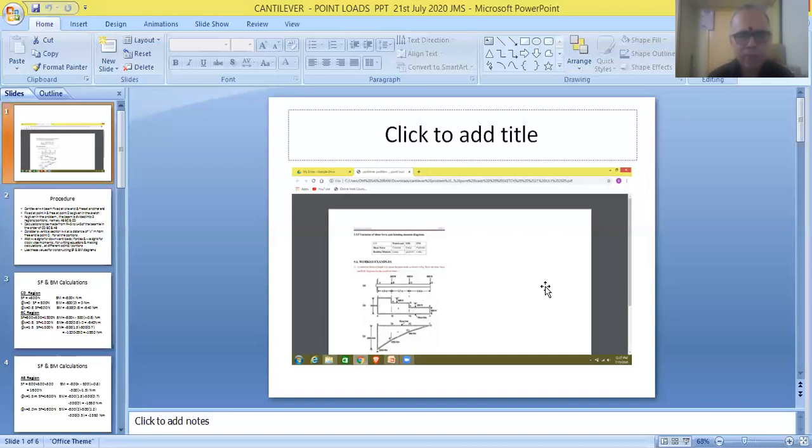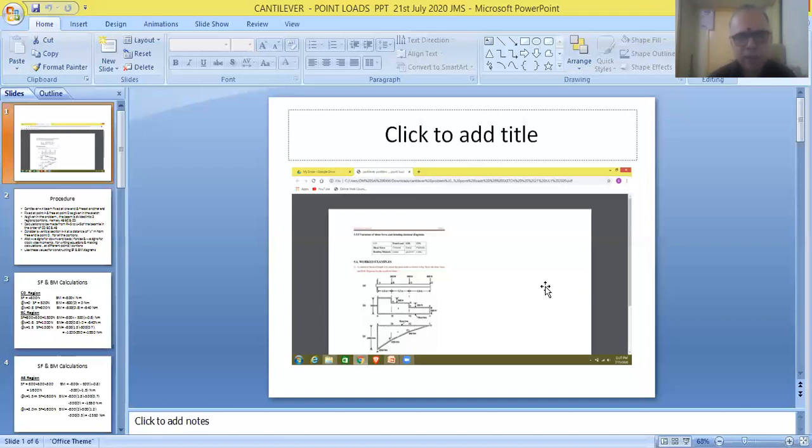Marking of the fixed end of the beam, marking of the free end of the beam, and marking of various loads acting at different points on the beam. All these markings are ultimately very, very essential for writing the equations and for making the calculations.